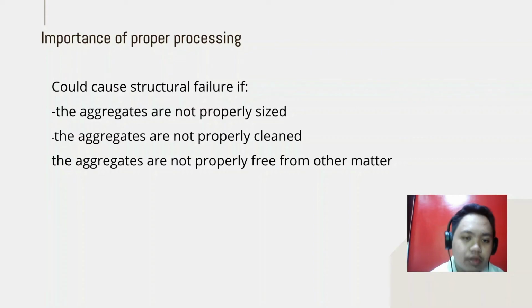Yung properly sized naman is pwede pang mag-vary. Minsan kapag hindi tama yung nagamit na size ng aggregate sa pag-mix mo ng concrete, pwede naman siyang matignan. So it will come down to the person who processes the aggregates.